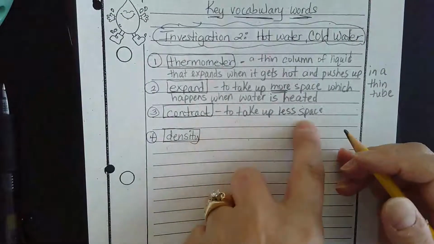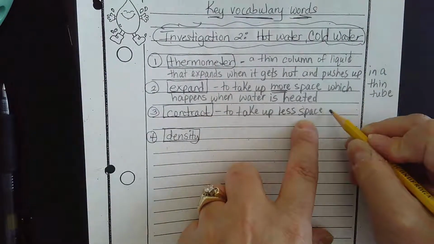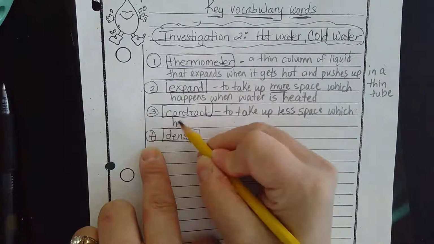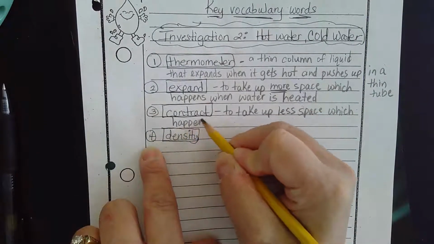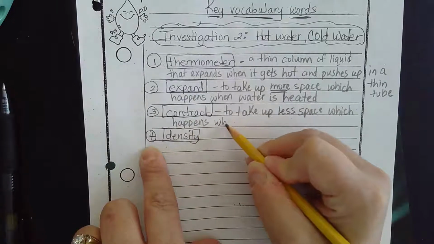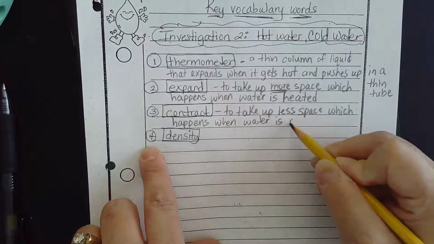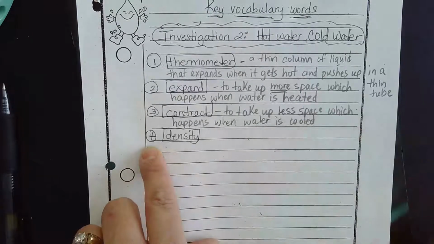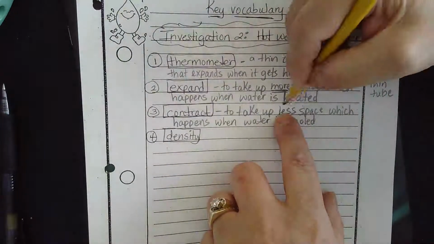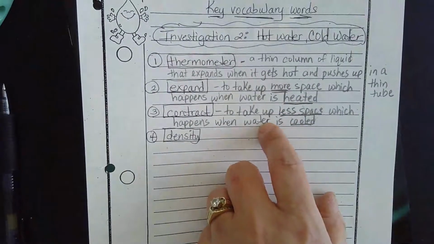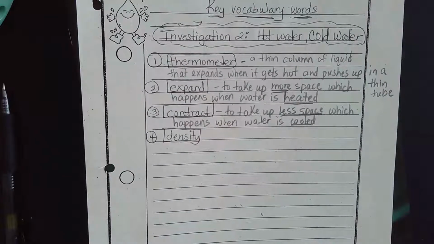To contract is to take up less space, which happens when water is cooled. Okay, so more space for heated and less space for cooled. All right, so you can pause the video, make sure you have that listed.